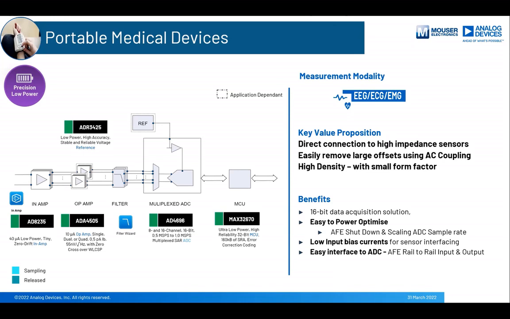Just to talk about the AD4696 in this application, it really adds clear benefit and differentiation in the space. If we put a spotlight on this product, I'll go through some of the key benefits that apply here and also fit into many more applications.